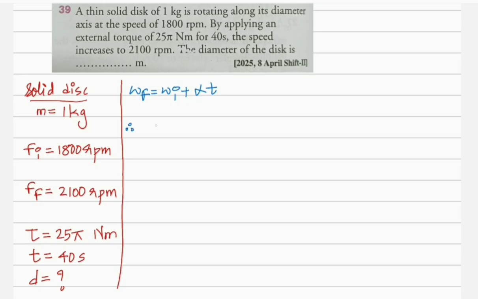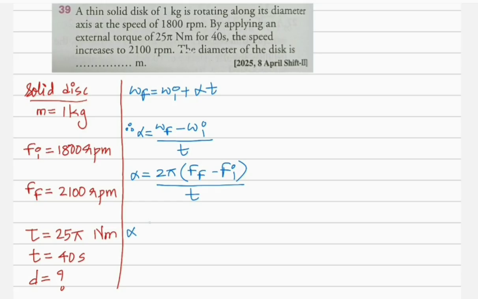That means students, omega final minus omega initial divided by time is alpha. Obvious. So alpha will be, let me take 2 pi common. So alpha will be 2 pi into final frequency minus initial frequency the whole over time. So what is the final frequency?